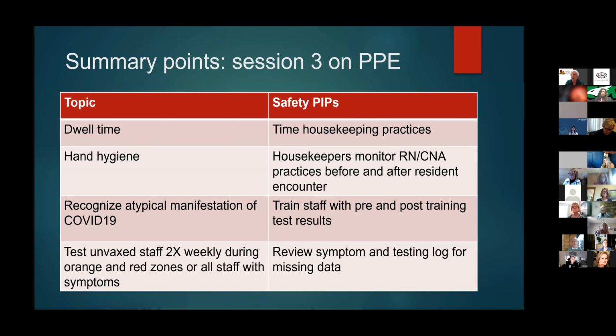There's one study that showed that 75% of all delirium presenting in emergency rooms was due to COVID-based delirium. So those are the atypical manifestations, and not only of COVID, but of influenza, respiratory syncytial virus, and any other infections.